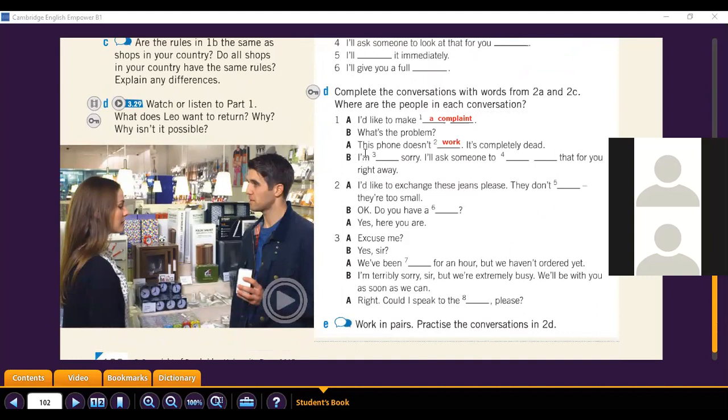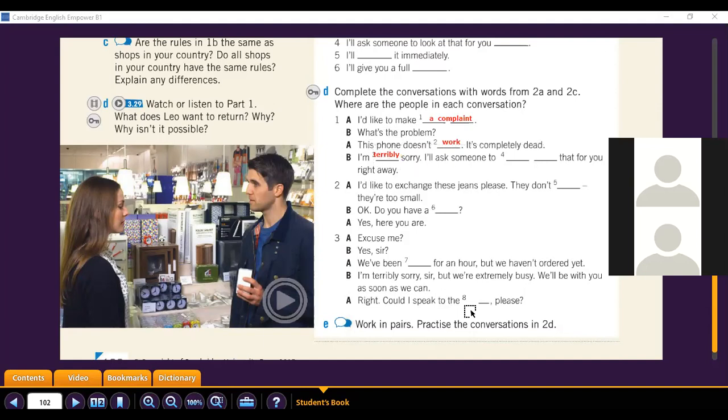What would you use in number 3? Terrible. I'm terribly sorry.